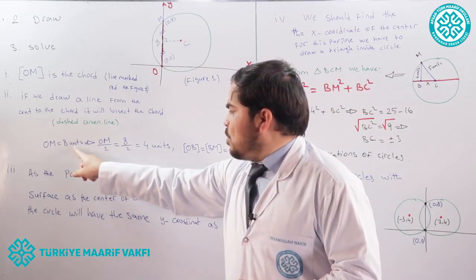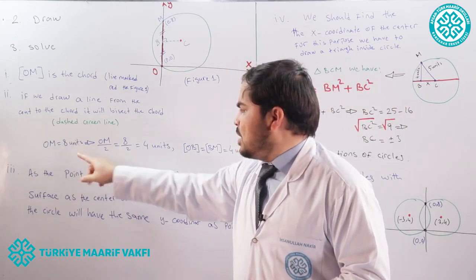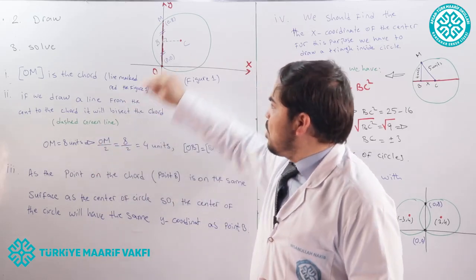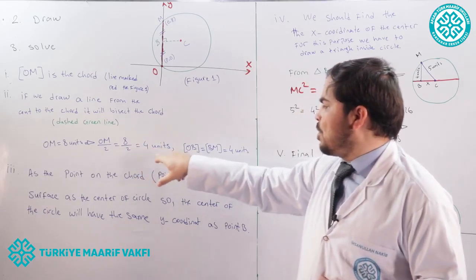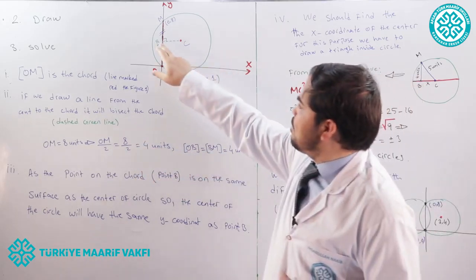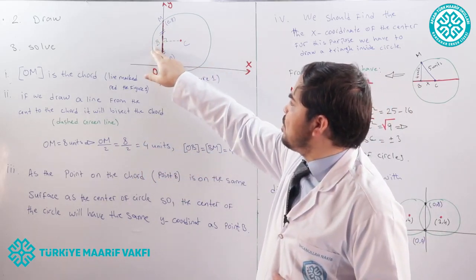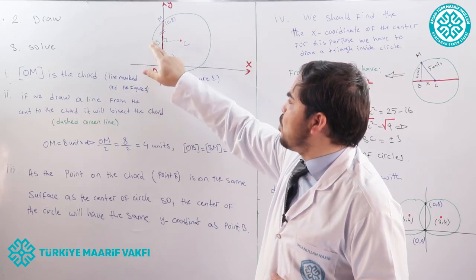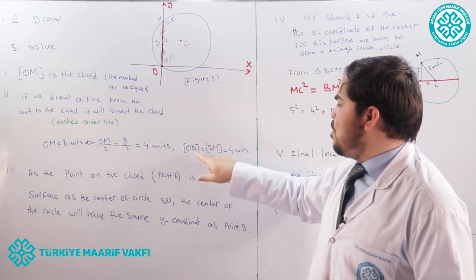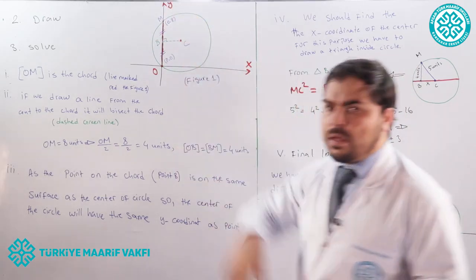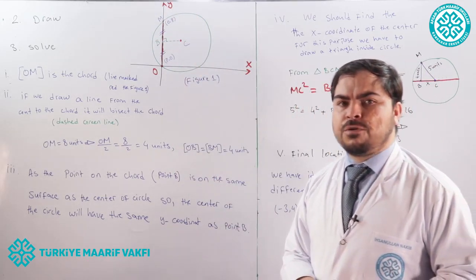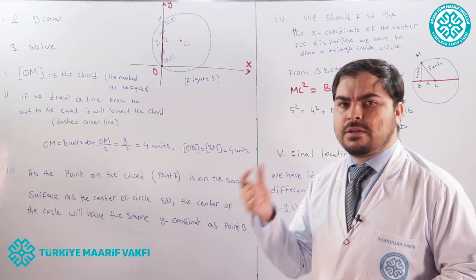If we divide OM into 2 equal parts, it becomes 8 divided by 2, which is 4 units. Then we give a name to this point. Suppose we name this point B. So OB is equal to BM, and each of them is 4 units.